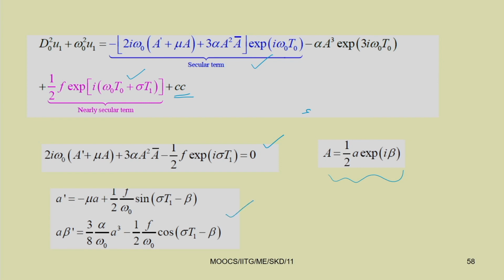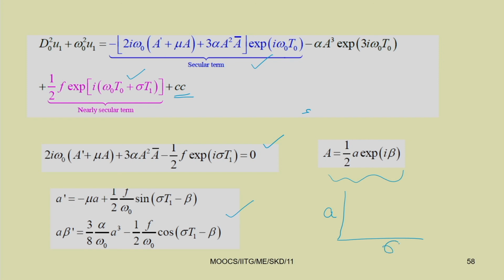That is, a dash equals minus mu a plus half f by omega 0 sin of sigma t 1 minus beta, and a beta dash equals 3 by 8 alpha by omega 0 a cube minus half f by omega 0 cos of sigma t 1 minus beta. So, for steady state, you can solve this equation using the Runge-Kutta method to find the relation between a and omega, or a and sigma.